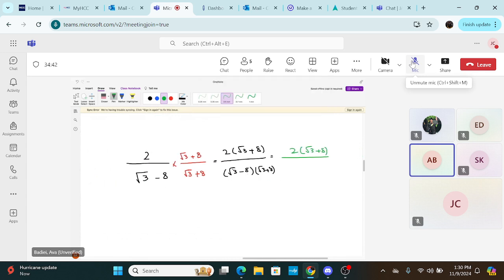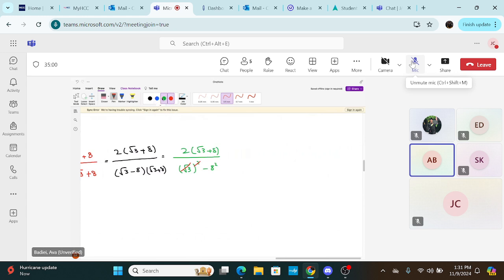So in this case, we are going to have square root of 3 squared minus 8 squared. When I do that, because now it is raised to a power of 2, the power and radical cancel, and we can get rid of that radical sign in the denominator.